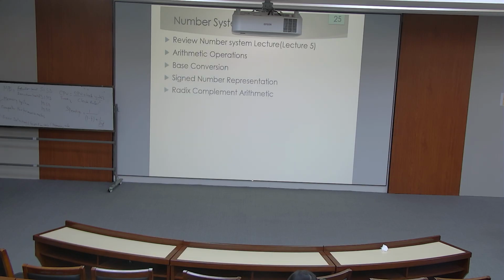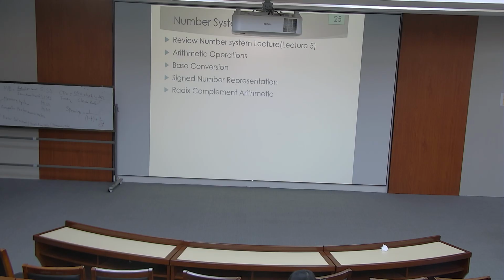Now you need to review the number system. Here you have some problems with the number system, and there are some questions related to it. For example, using 8-bit representation with 2's complement, you can try to solve the problem.